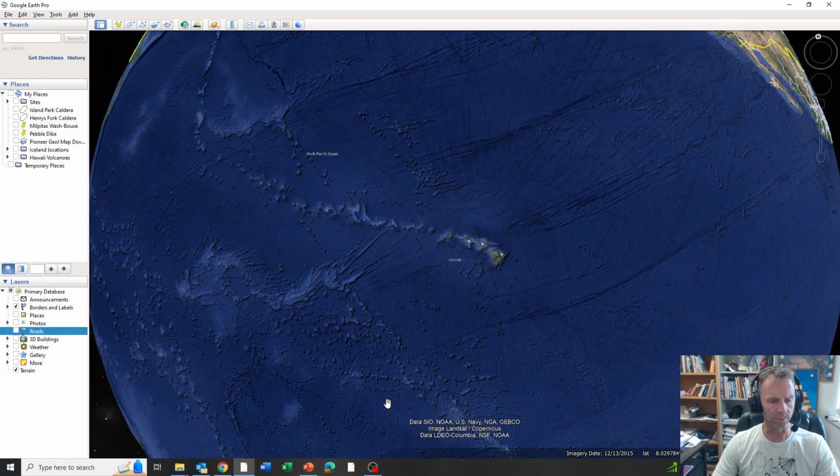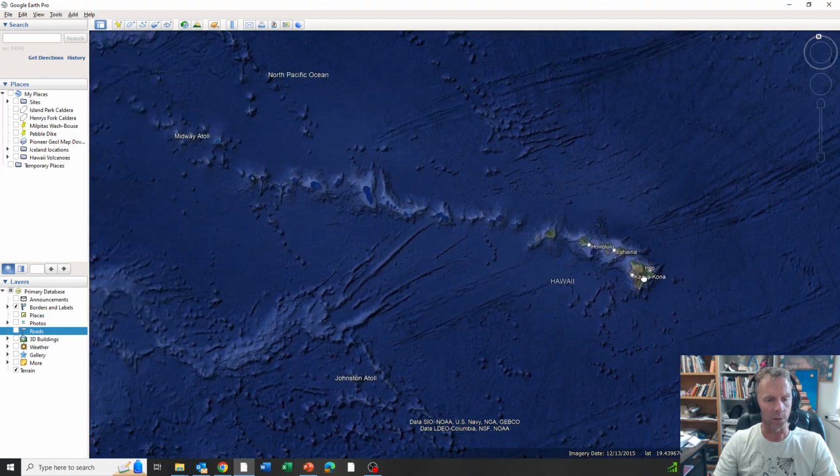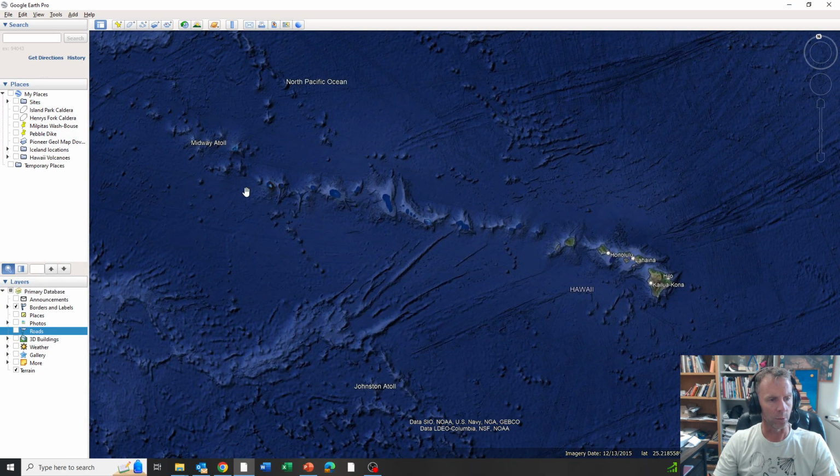And so what that indicates is that, and they all have the same chemistry too, so it's indicative of a similar process. Whatever's formed the Hawaiian Islands today is also responsible for creating these other seamounts and other islands here in the chain.